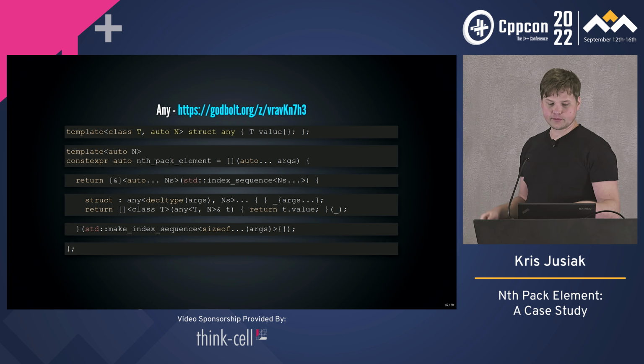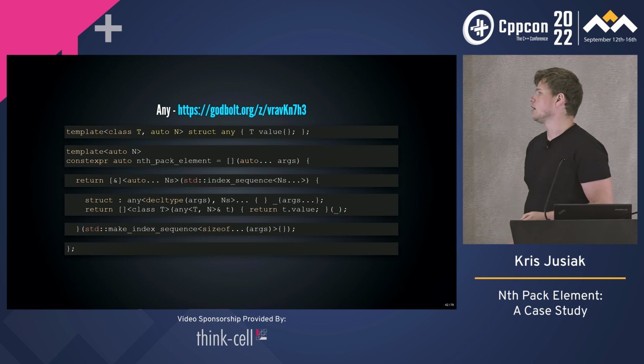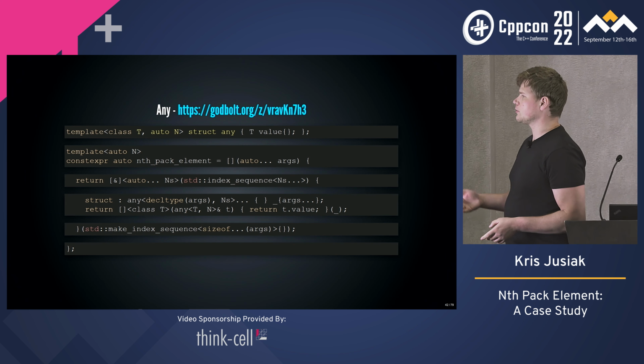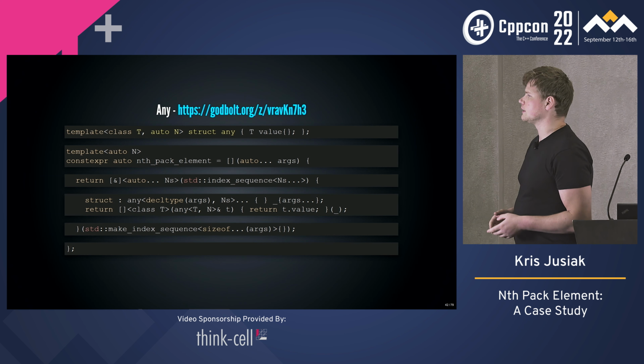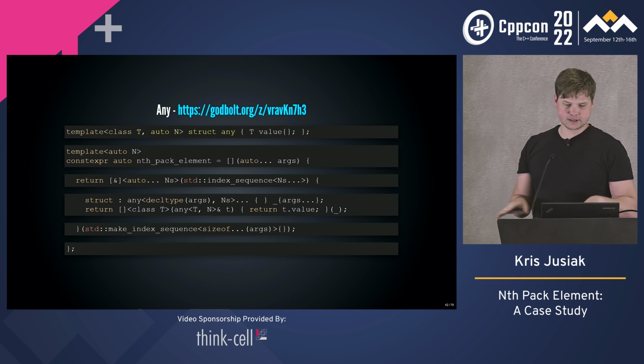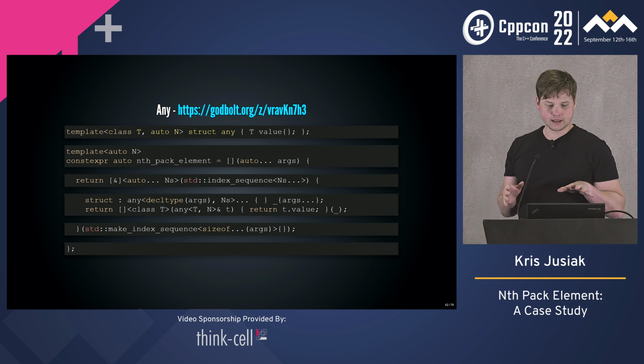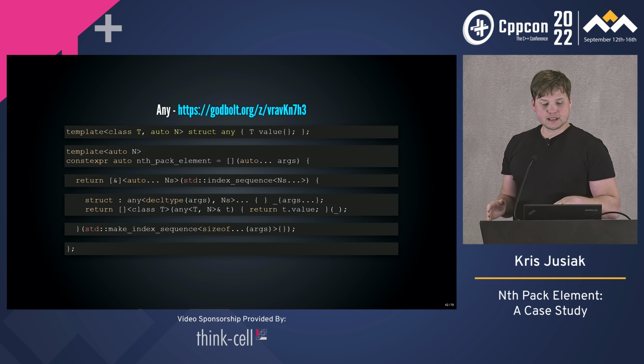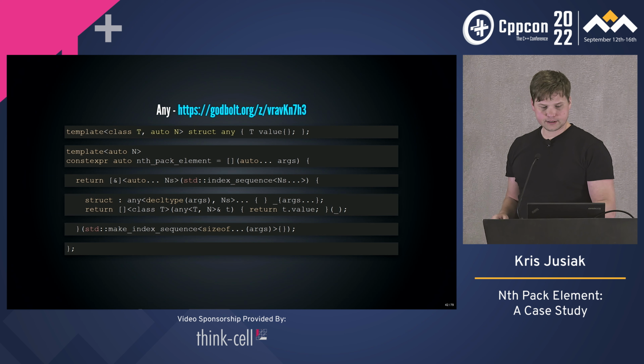So we have the any, which takes the type and takes the index. We do ... and we pass the objects to it so that the aggregate will be instantiated, the value of it. And then we do this nice trick with an immediately invoked lambda expression where we propagate the struct.